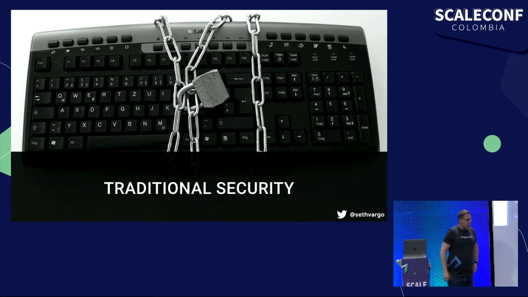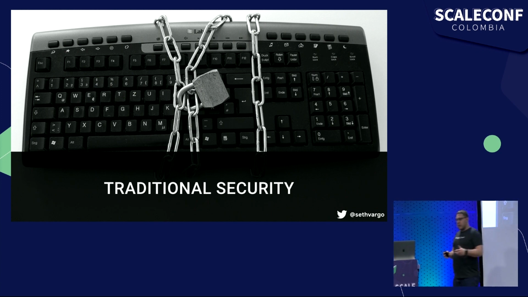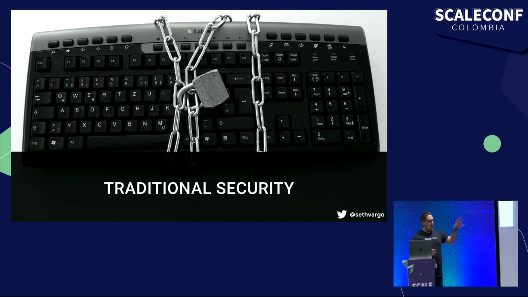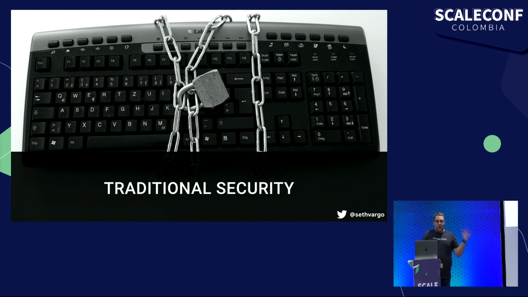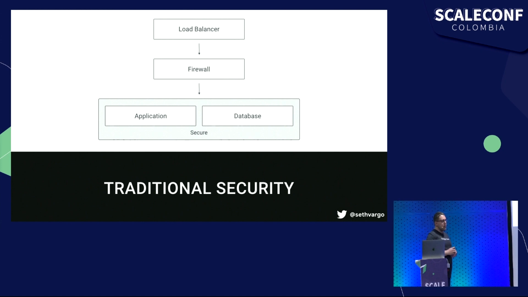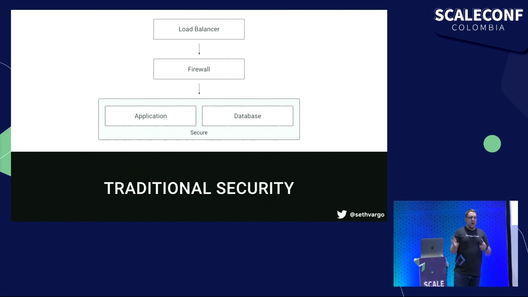So traditional security, particularly application security, revolves around this. I like this photo. You put a lock or a barrier around the entry point, and that's it. So when we think of infrastructure maybe 5 or 10 or 15 years ago, it looked something like this.